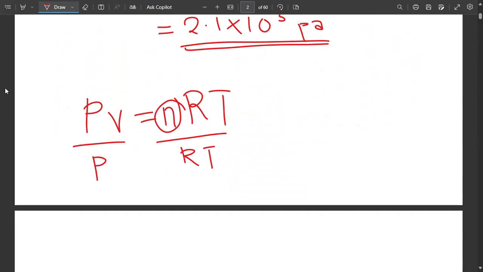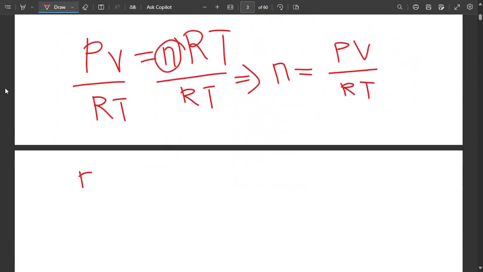Our n is equal to PV over RT. So our number of moles will be equal to the total pressure, 2.1 times 10 to the power 5, multiplied by the volume. And what is the volume?